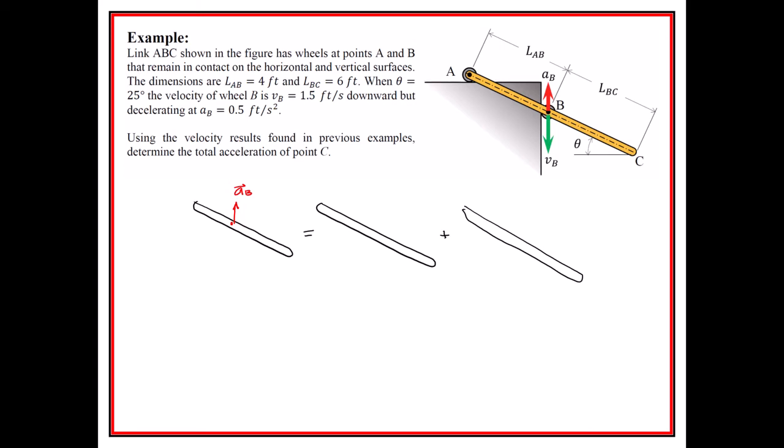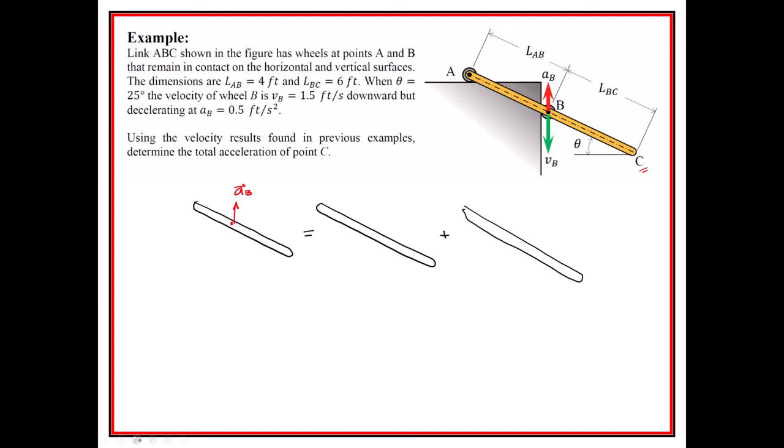When doing these problems, we don't necessarily know how to solve directly for C. And we would have to eventually come to the conclusion that we needed to first look at point A in order to solve for that angular acceleration.